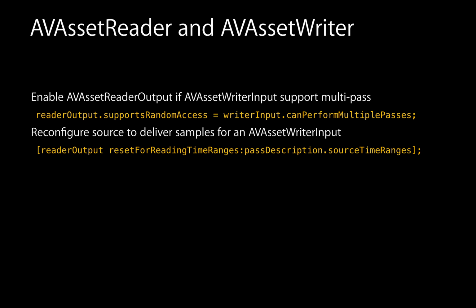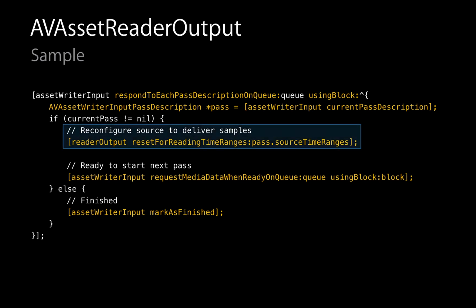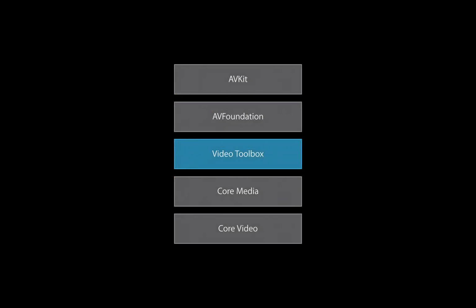So with your reader output, call reset for reading time ranges with the pass description's time ranges. Let's go over that in the sample. So instead of delivering for an arbitrary source, we now want to deliver for our AV asset reader output. So we call reset for reading time ranges with the pass description source time ranges. Great, so that's the new API in AV Foundation for multipass.